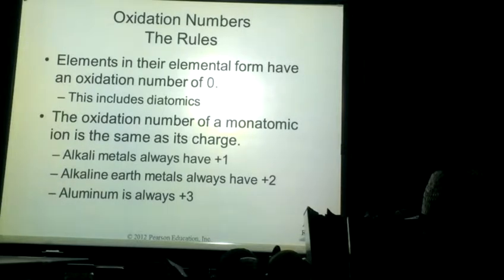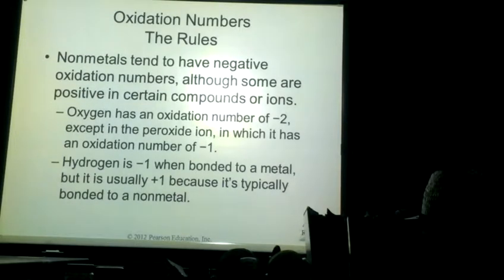But we can use all of these rules to figure out one that's missing. Non-metals tend to have negative oxidation numbers, although some are positive in certain compounds or ions. So we'll do a couple examples of this.